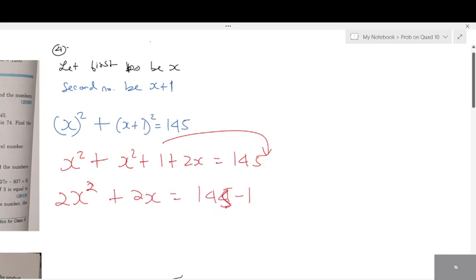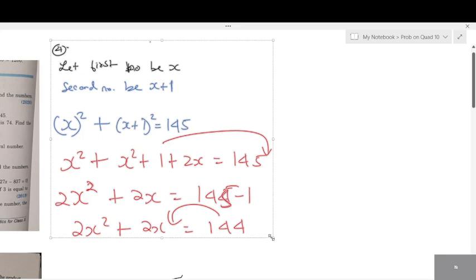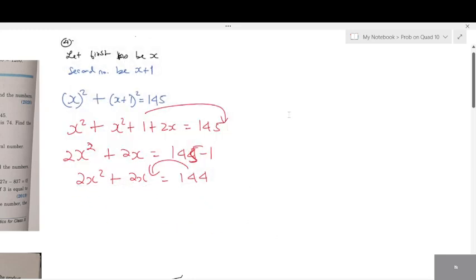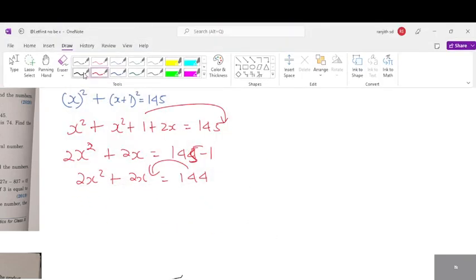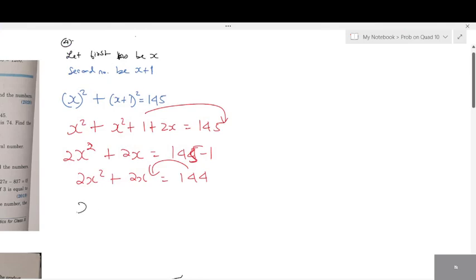Sorry, 2x square plus 2x is equal to 144. Shift this 144 to the other side. 2x square plus 2x minus 144 is equal to 0.